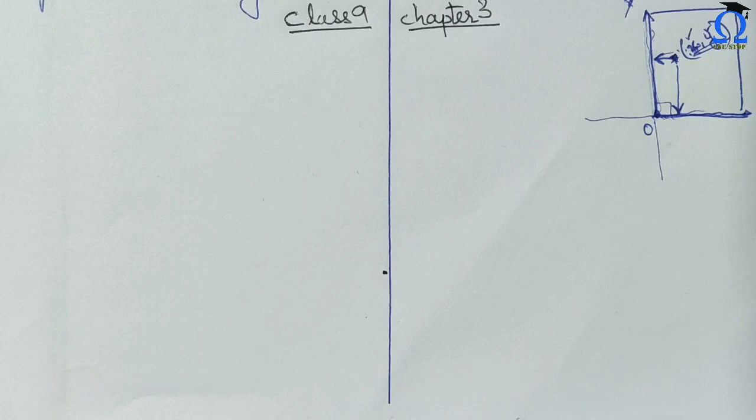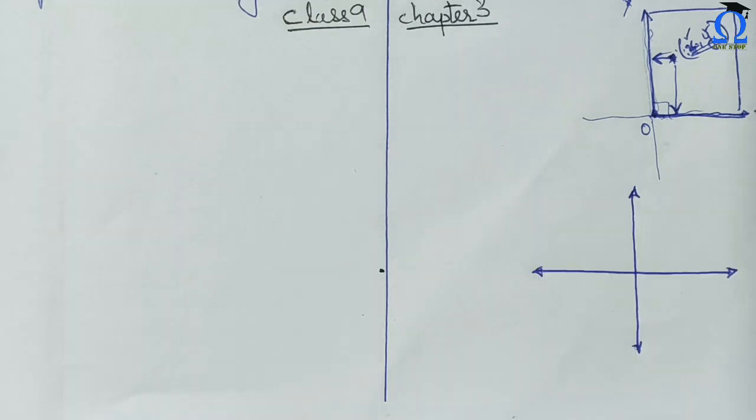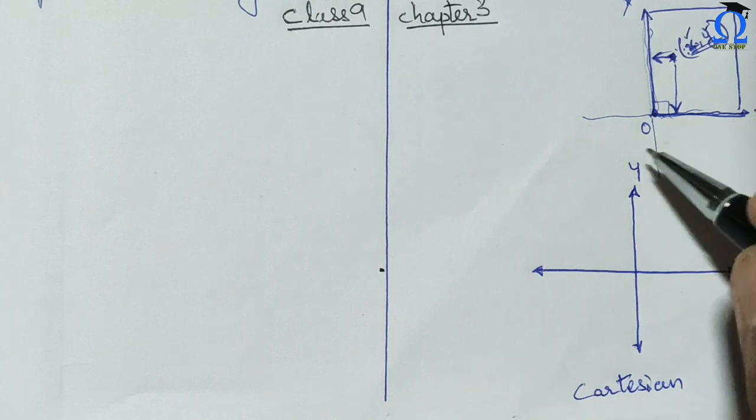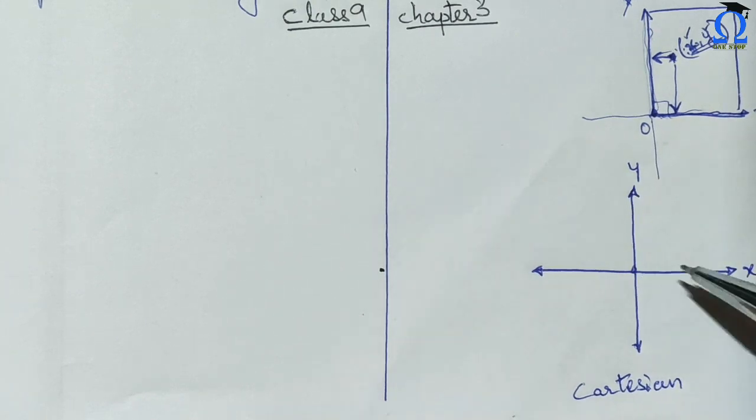This is not important from the exam point of view, but of course you should do it just to understand the concept. Now this axis system is called the Cartesian system. We have the x axis, y axis, positive x axis, positive y axis, negative for x and y both, and the origin; all these things are included in the Cartesian system.